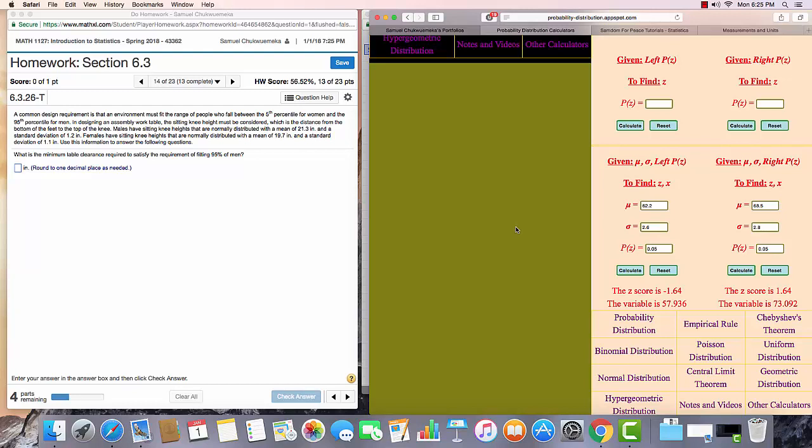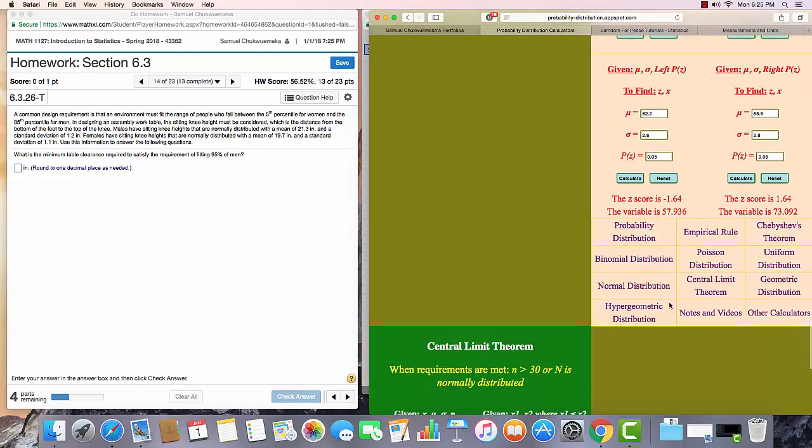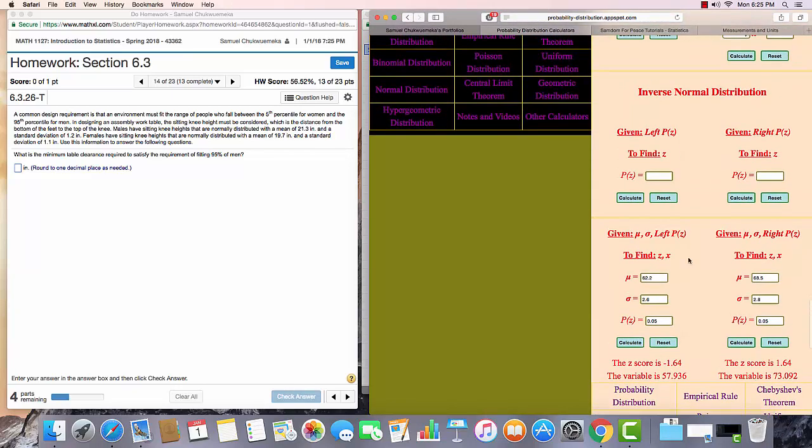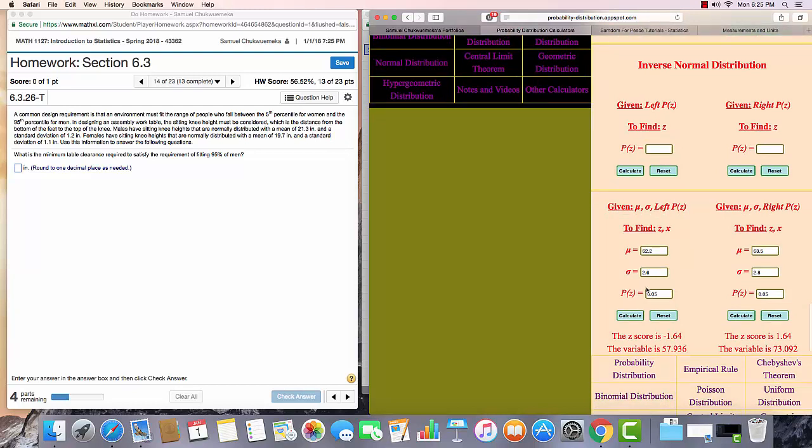So in this case, we are asked for the value of the variable. So we're going to use the inverse normal distribution, and it has to fit 95% of men. So that is the lower portion on the left. You use left 95%, 0.95, because it has to fit that 95% of men.